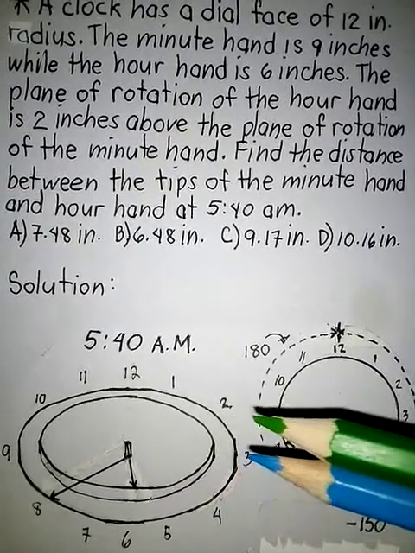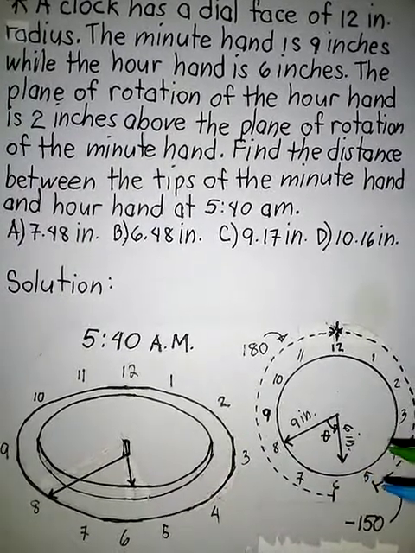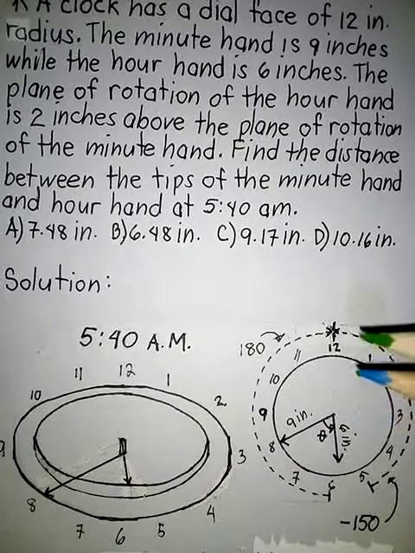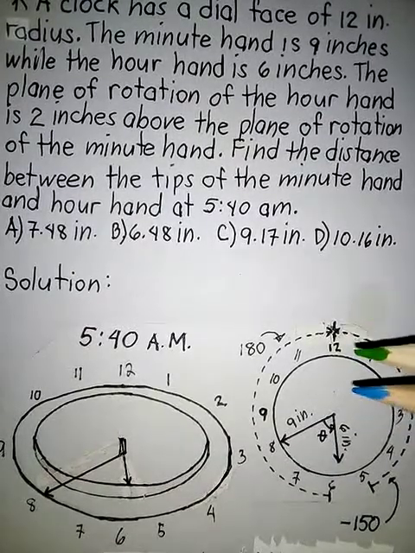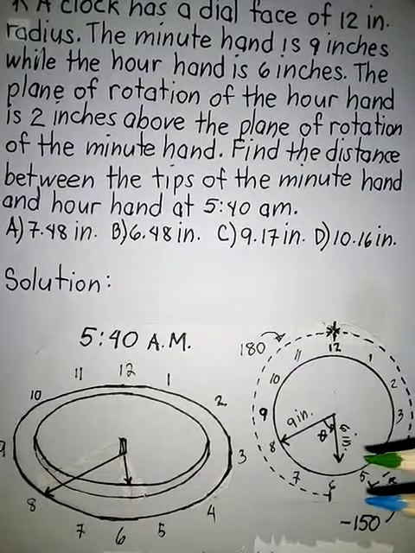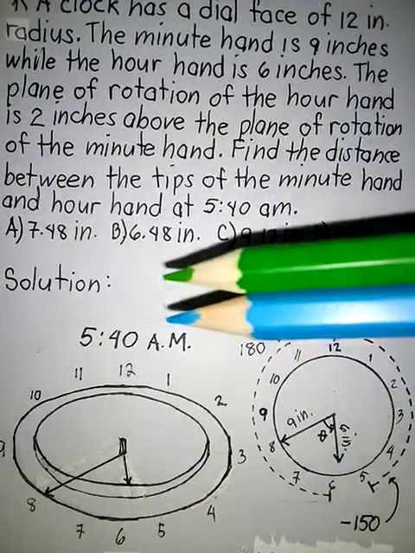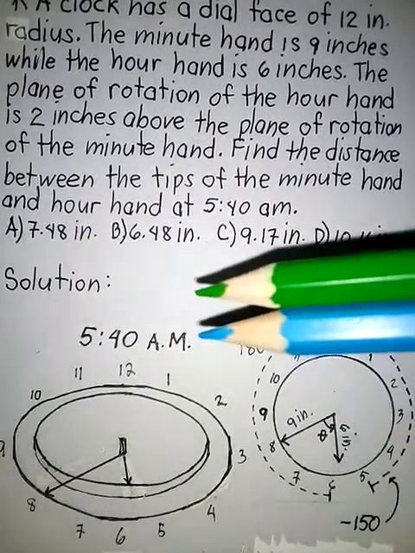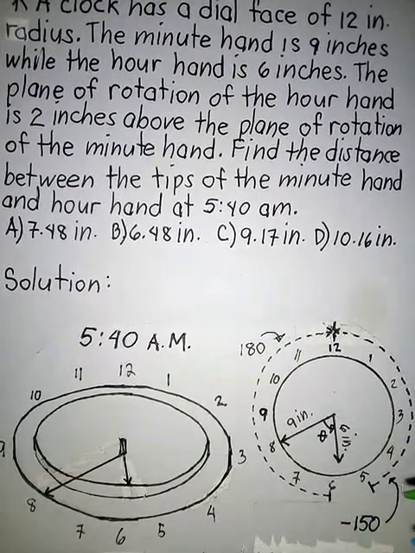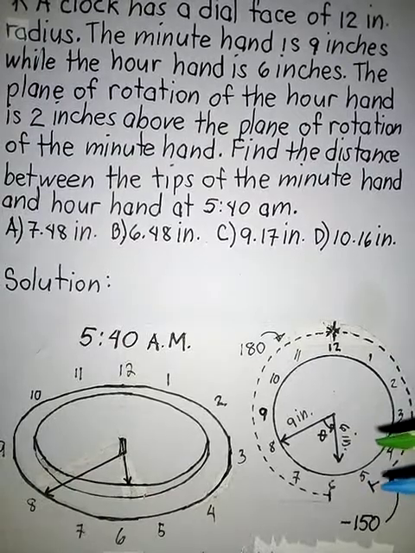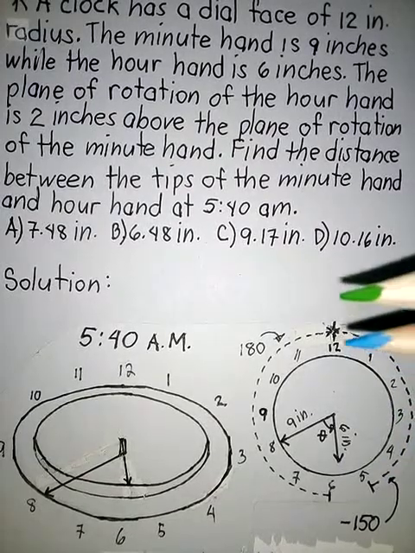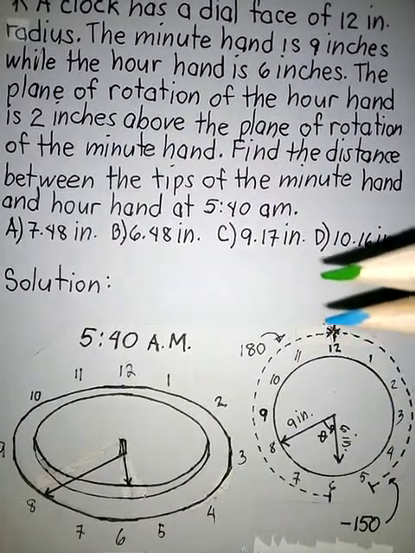So this is now the vertical position of the clock, and to solve for this we have to make a mark on the 5 and 6, because the time is 5:40 a.m., and that is between 5 a.m. and 6 a.m. From the 5 mark, we will go counterclockwise up to the 12 mark.